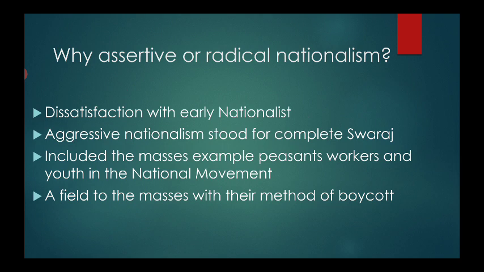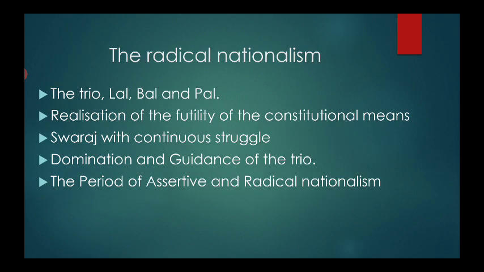So, the radical nationalism. During the period from 1885 to 1905, the Congress depended on constitutional means. They followed the three P's. The three P's mean prayer, petition and protest to get their demands accepted.